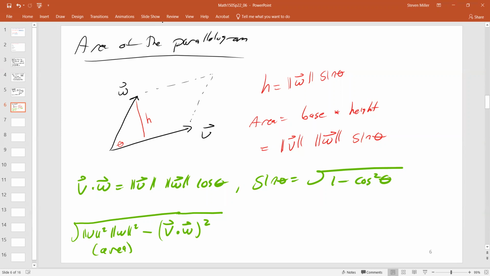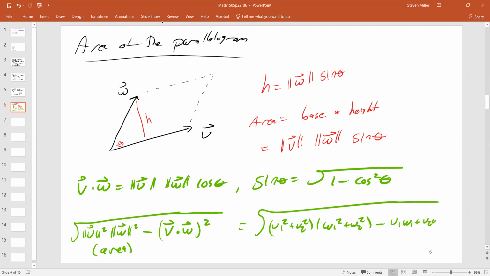The length of V squared is just going to be V1 squared plus V2 squared. Length of W squared is going to be W1 squared plus W2 squared. So this is going to be the square root of V1 squared plus V2 squared, times W1 squared plus W2 squared, minus V1 W1 plus V2 W2, squared.